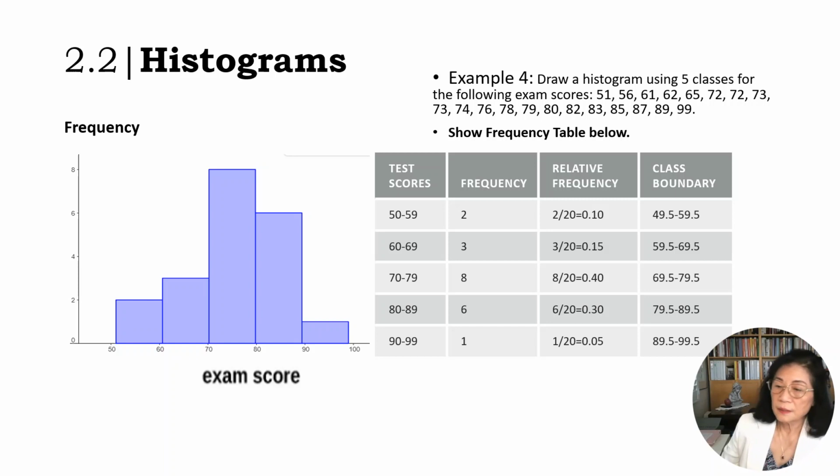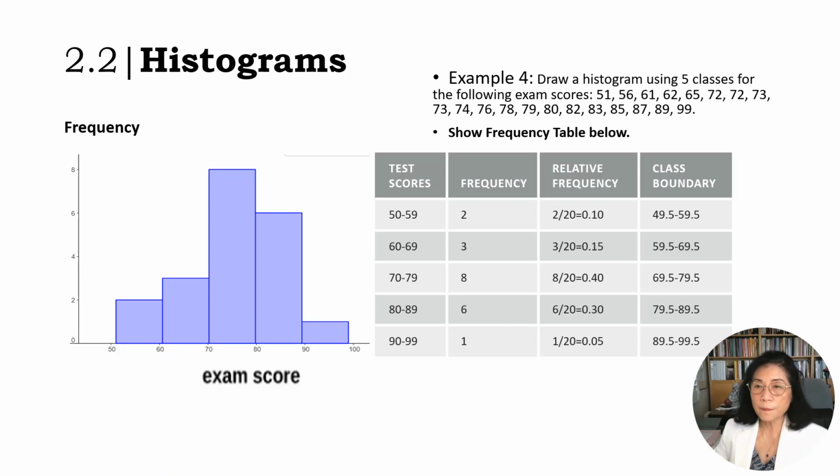And remember, the class width is 10 units. So 59 plus 10 will be 69, and keep on adding up. It becomes 69, 79, 89, 99, okay? So that's how we divide the classes.